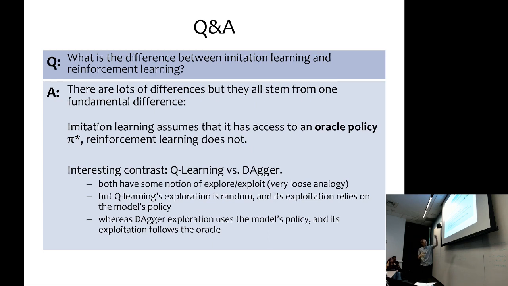And then it does exploitation by relying on what it has learned so far, its model's policy. By contrast, Dagger is also doing exploration and exploitation, but the exploration happens more through the model's policy. And the exploitation happens through following the oracle. So I don't think that the imitation learning literature would use this exploration, exploitation terminology to refer to what it's doing, but I think the actual connection is interesting just to see it.